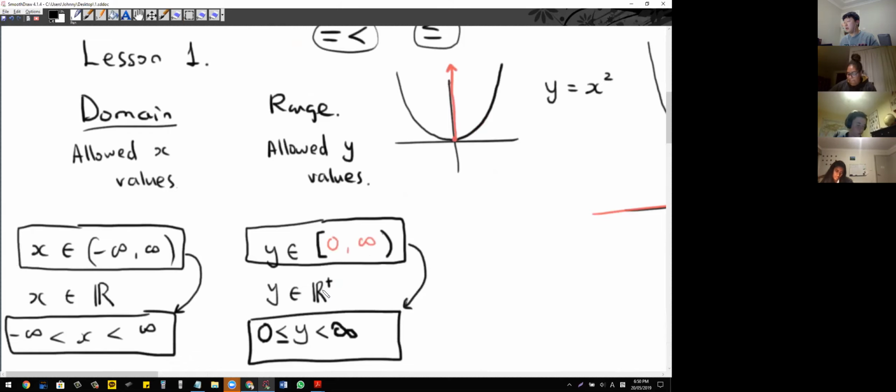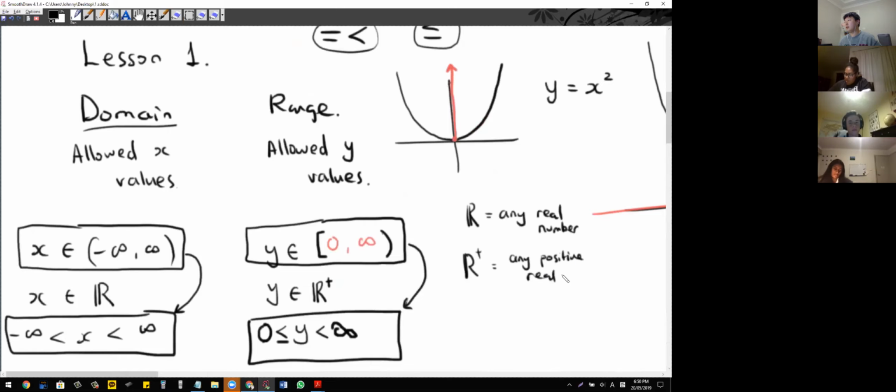But this does not include everything. What's missing here? So you might be a little bit confused. So this means any number, okay? Any real number. This here, R plus, means any positive real number.